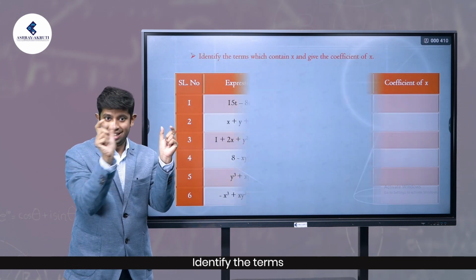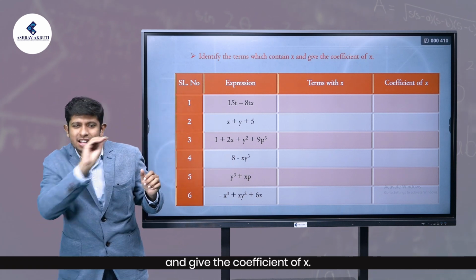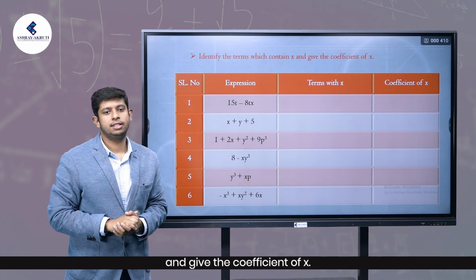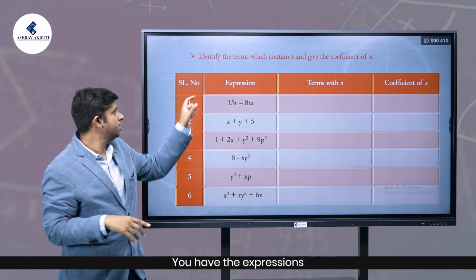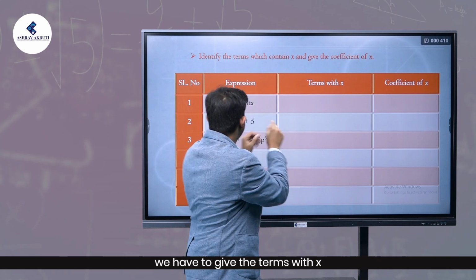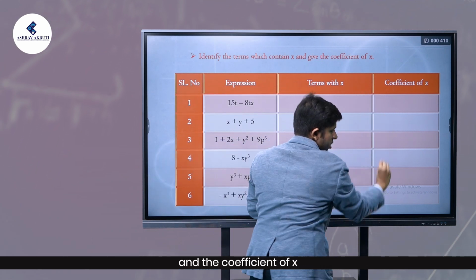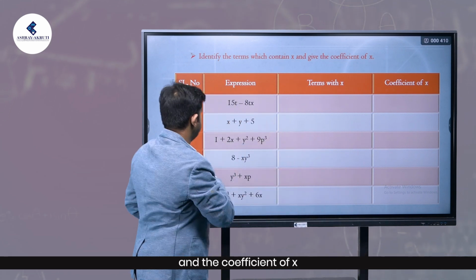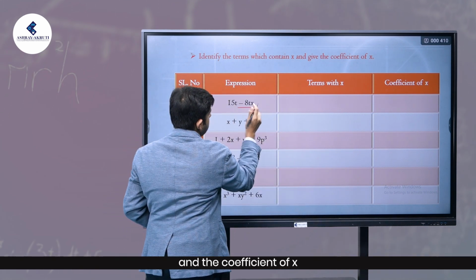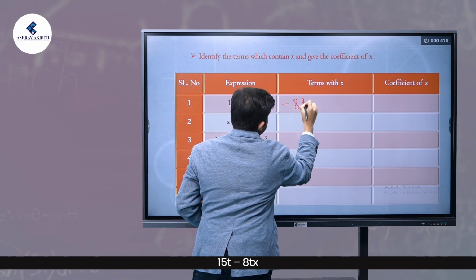Identify the terms which contain x and give the coefficients of x. We have the expressions. We have to give the terms with x and the coefficient of x. The first expression, 15t minus 8tx.